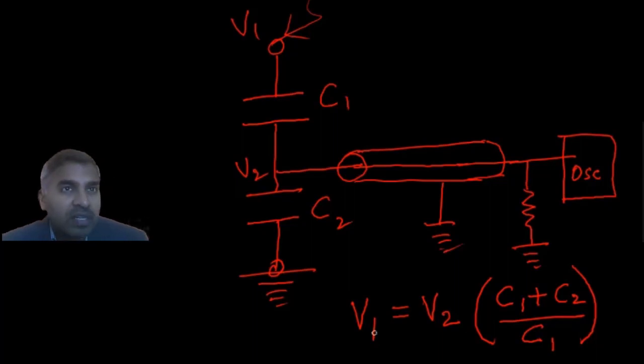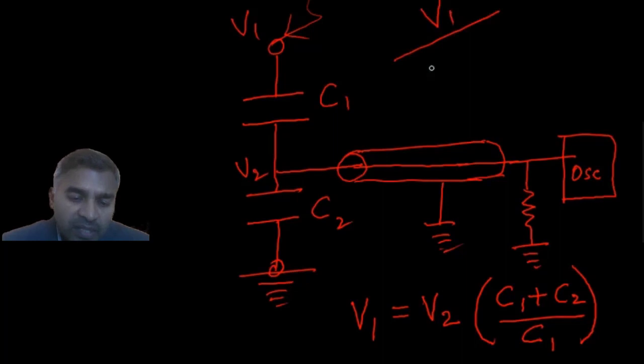So actually you can easily derive this one. V1 by total impedance faced by V1. How much is it? 1 by j omega C1 plus 1 by j omega C2.